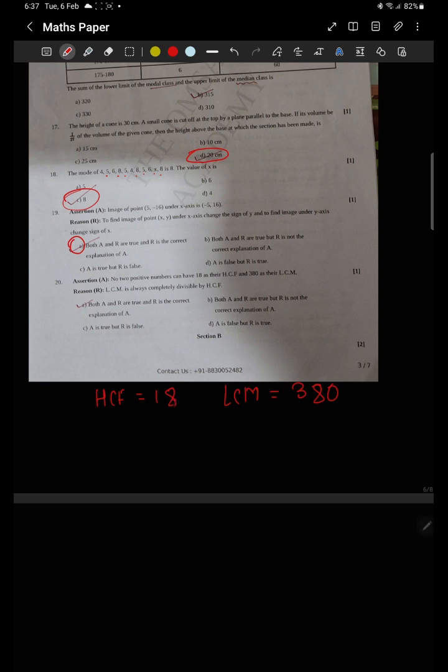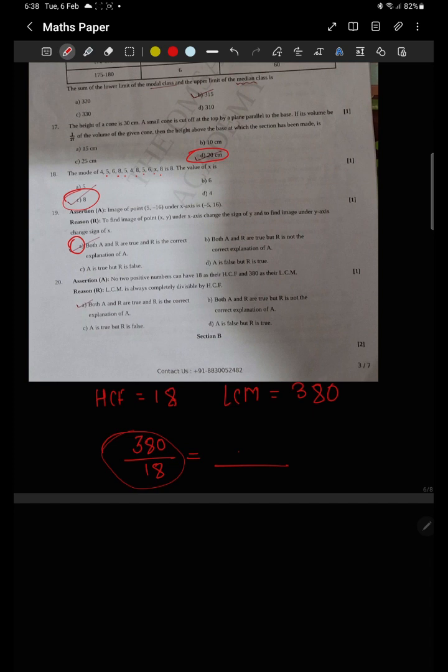Of course, if you check LCM 380 and divide it by 18, it will not factorize completely. You will get the answer in decimal points, because 18 twos are 36, 36 to 380 leaves remainder 20, not possible. So it is not completely divisible, right?